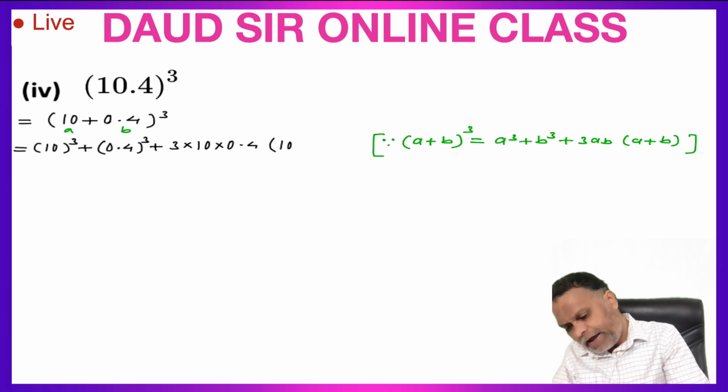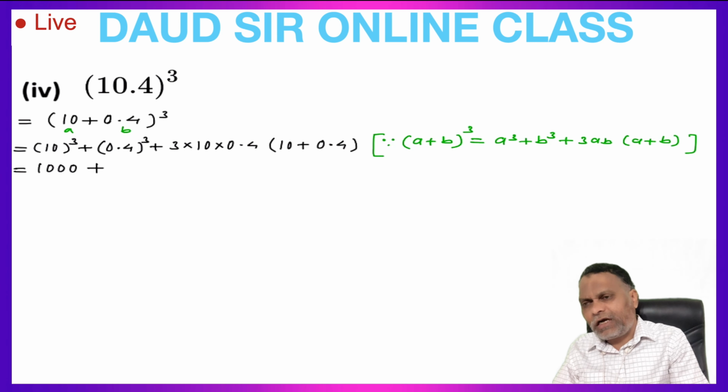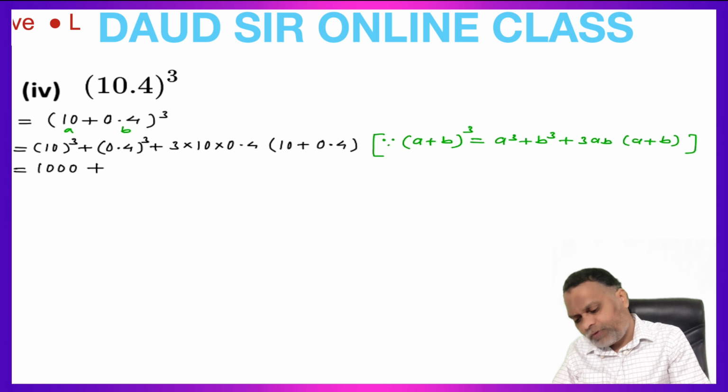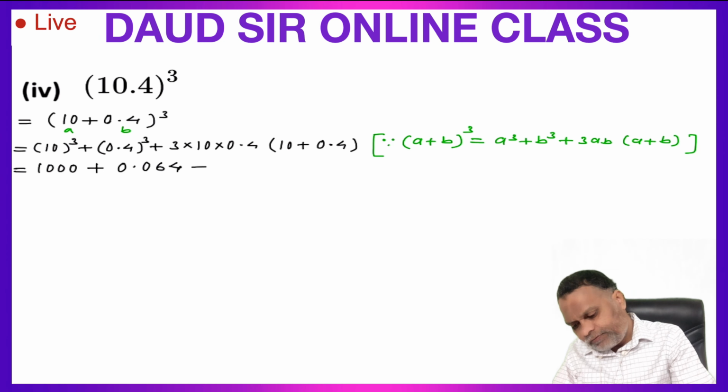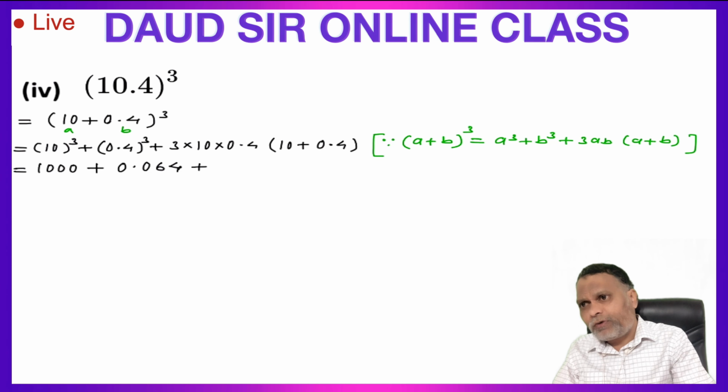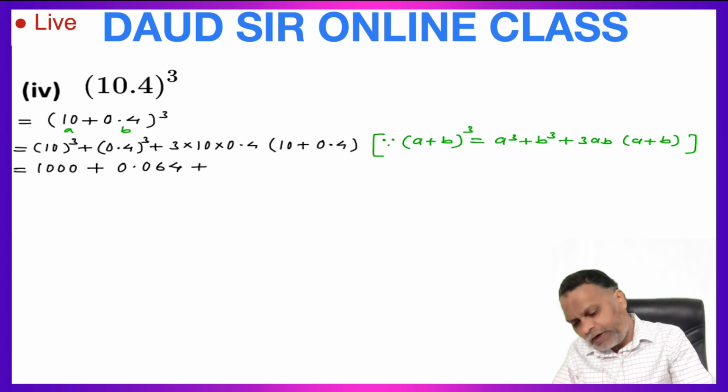a plus b, 10 plus 0.4, which is equal to 10 cube 1000 plus 0.4 cube, 4 4s are 16, 4 16s are 64, so 0.064. Put the decimal after 3 places from unit. Plus 3 tens are 30, 30 into 0.4, 4 3s are 12, so 12.0. This is 12.0 and this is 10.4.